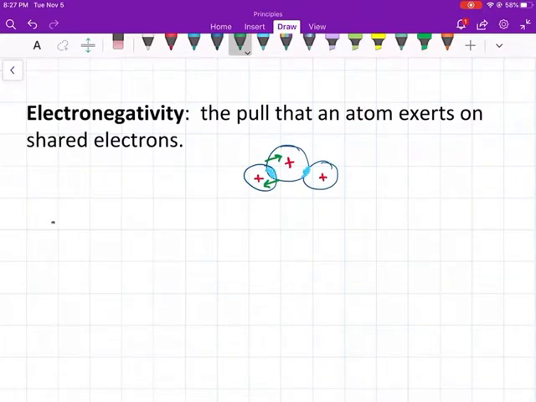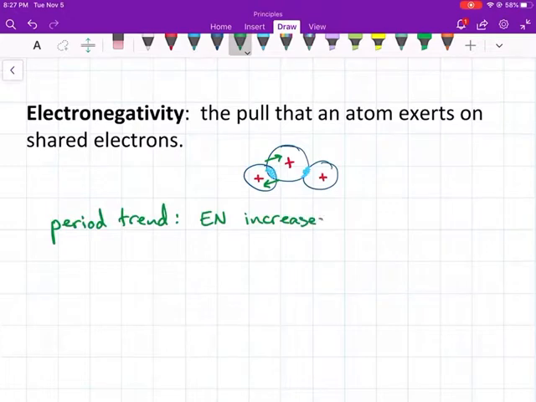And the period trend for electronegativity is exactly like the one for ionization energy, and it's really for the same reason. More positive nucleus, smaller atom equals greater electronegativity. So the period trend is electronegativity, or EN, increases from left to right.